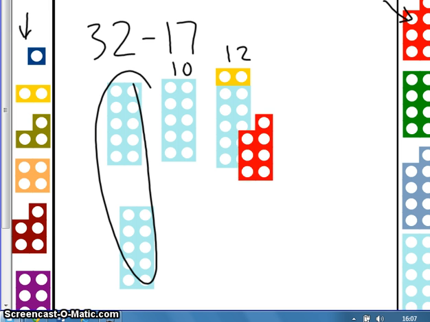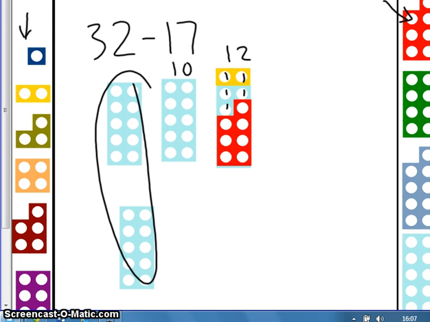When I have my 7 now over top, I can see how much is left over. 1, 2, 3, 4, 5 units, and 10 makes 15, which is my answer. It's another way to do it.